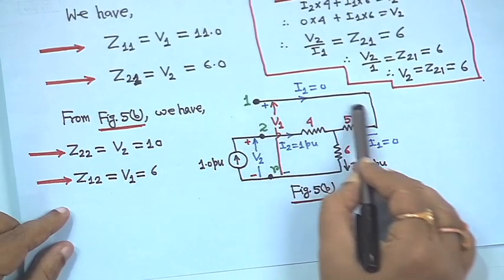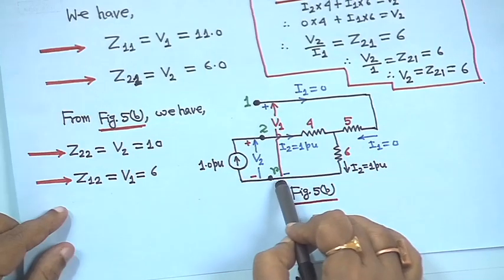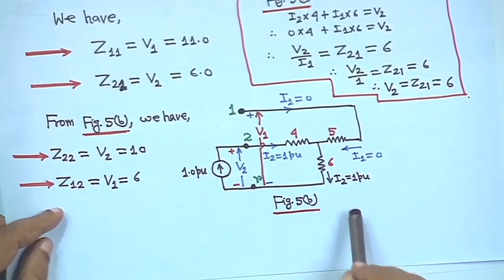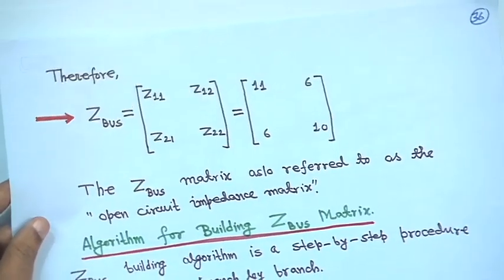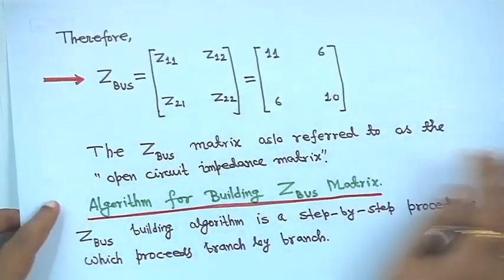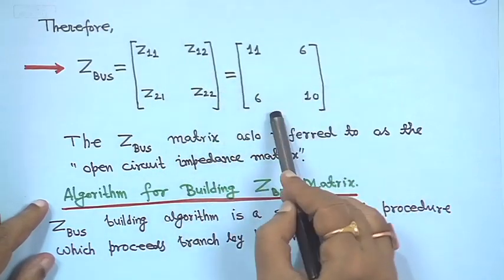That means Z11, Z12, Z21, Z22 you have got, right. So Zbus, this is the current injection method. Zbus is equal to Z11, Z12, Z21, Z22, which is equal to 11, 6, 6, 10.